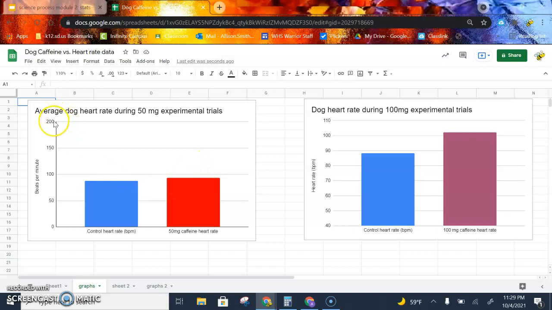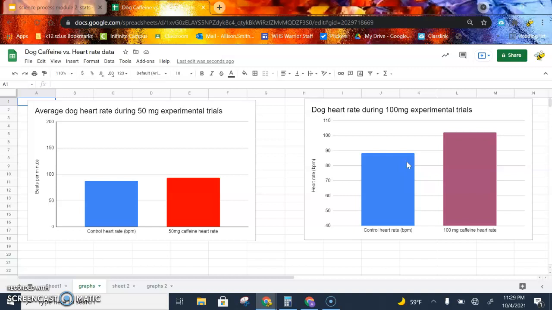Up here, I go from 0 to 200, and over here, I start at 40 and go up to 110. So I have zoomed in on this graph to emphasize the differences in my bars. And you'll see this sometimes on commercials where they will have really weird scaling on their y-axis, or maybe they won't even put a y-axis on, or they don't give you time to look at the y-axis. They just want to show you that there's a difference.